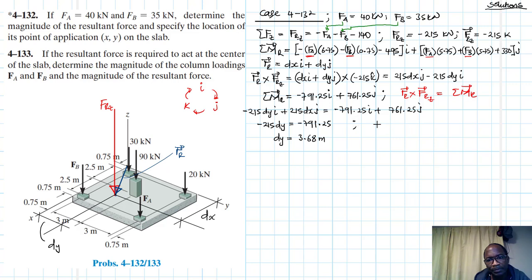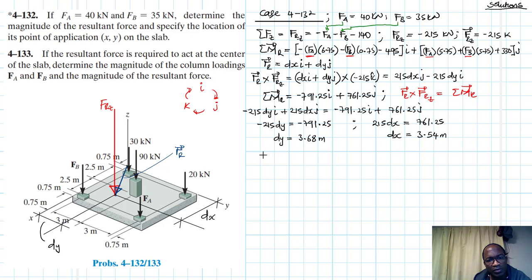Do the same. 215 dx is equal to 761.25. The dx is just going to be equal to 761.25 divided by 215. So we get 3.54 meters. Alright, so we found the position.